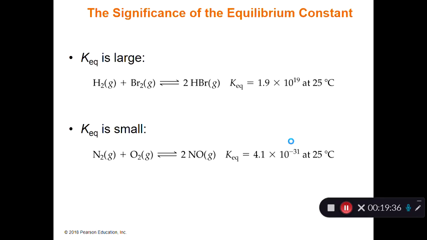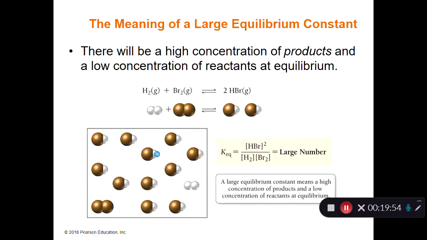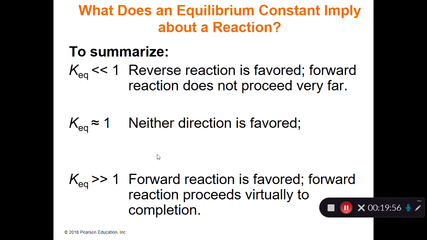So please look at these two equations I explained for you. A big, large number means we have more products, and a small number means we have a low concentration of products. Mostly we have it like this; I'm going to explain it with this slide.